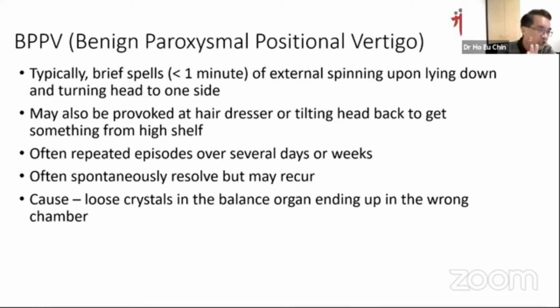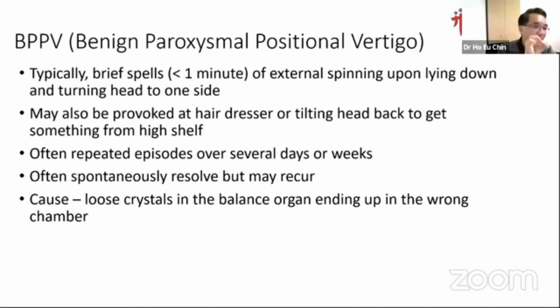I said earlier, each balance organ has 5 components, 5 chambers. 2 of the chambers contain the crystals, and 3 of them don't. The 2 chambers that contain the crystals. These crystals are embedded in jelly. So if you've eaten fruit jelly and you got pieces of fruit in the jelly, that is what it looks like.